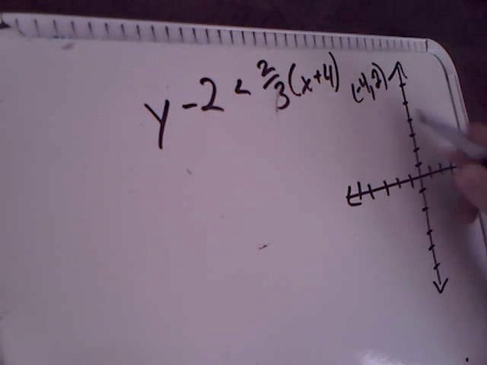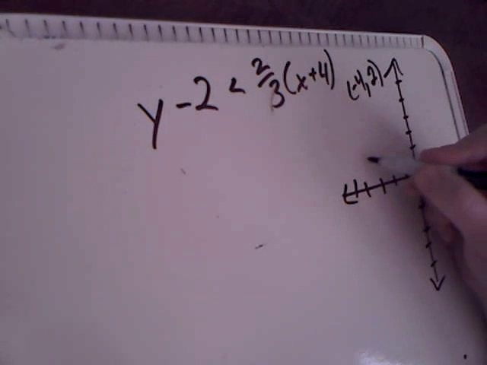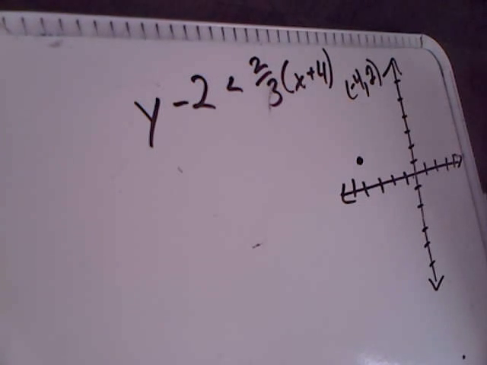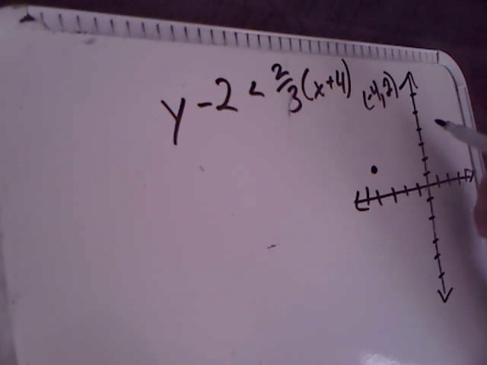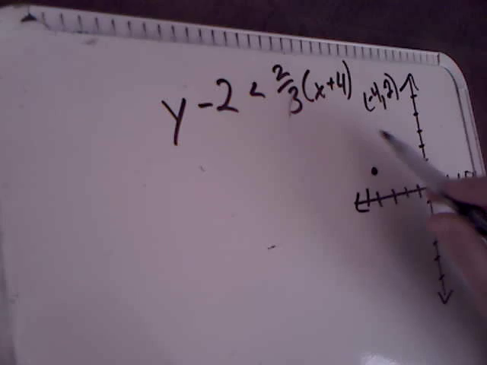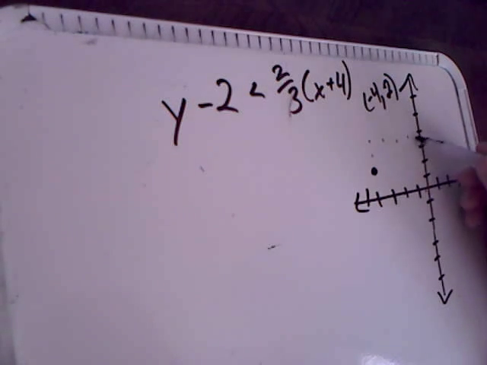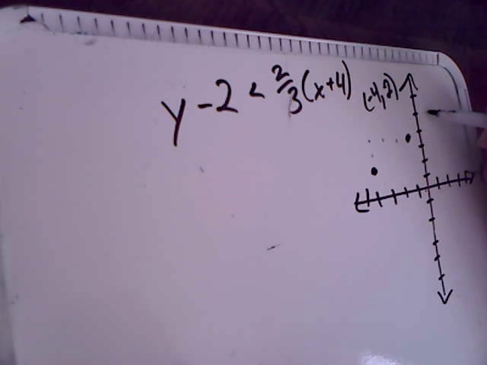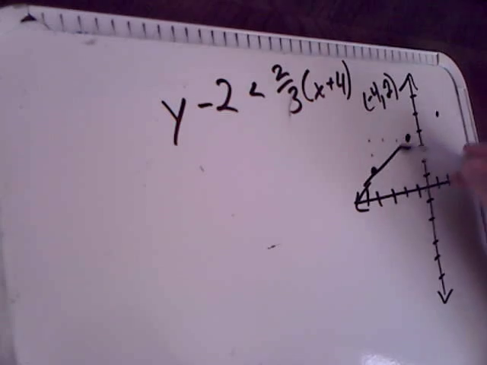So I'm going to run -4. I'm going to jump 2, which is going to lead me right about here. And then I'm going to graph my slope of 2/3, which is going to be jump 2, run 3, jump 2, run 3, and I have a line.